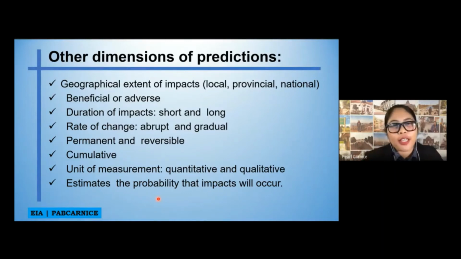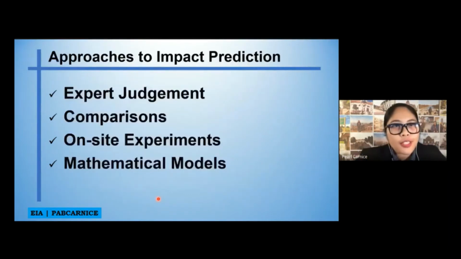We can actually use a statistical model in predicting the probability that a certain impact will occur from a certain project. Approaches to impact prediction. We have expert judgment, we have comparisons, on-site experiments, and mathematical model.